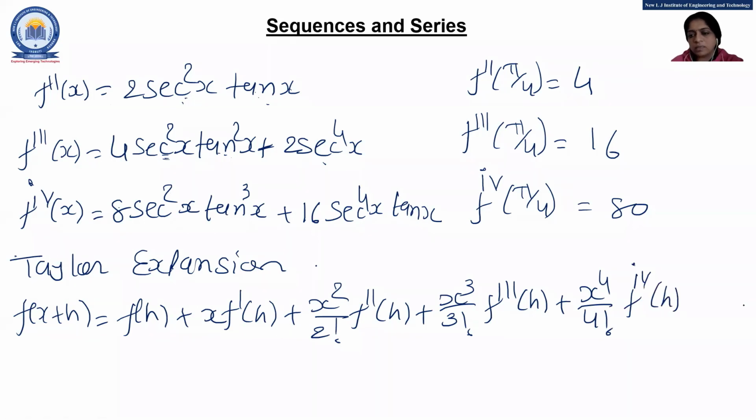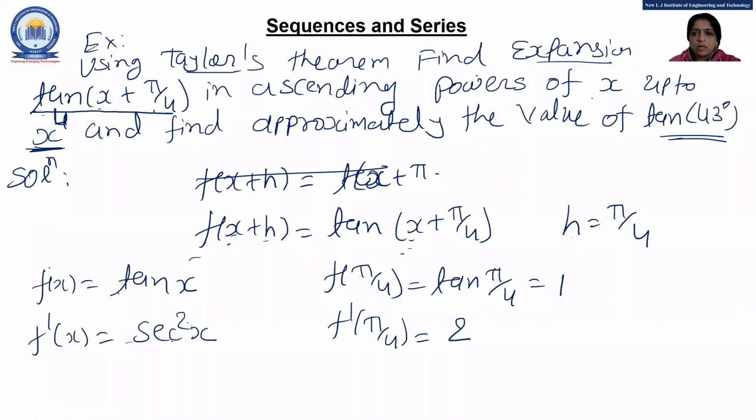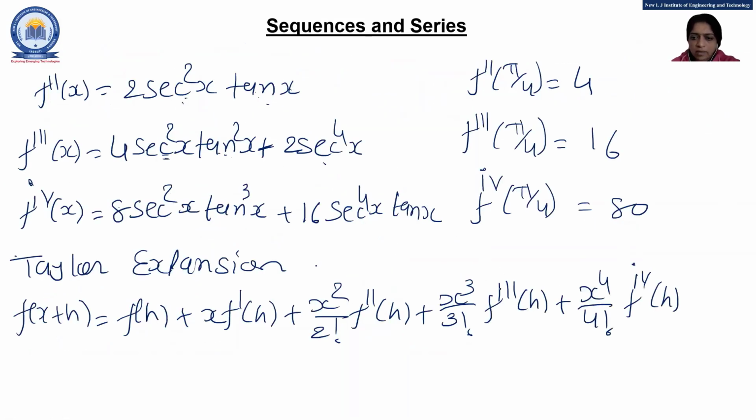I didn't write plus up to infinity because the powers are up to x raised to 4 only, right? They want ascending powers of x up to x raised to 4 only. So I write my Taylor series expansion up to x raised to 4 only.